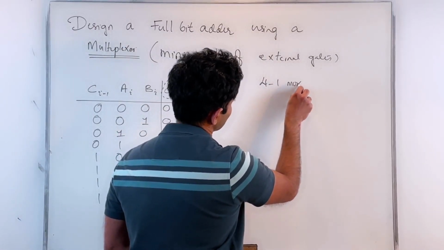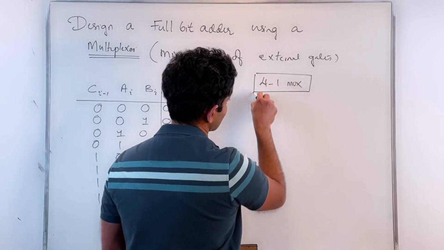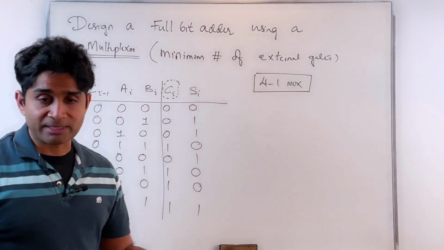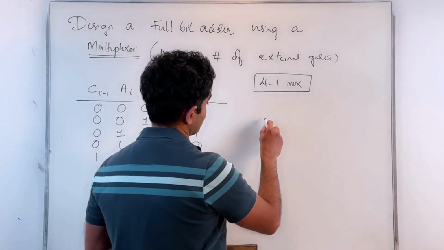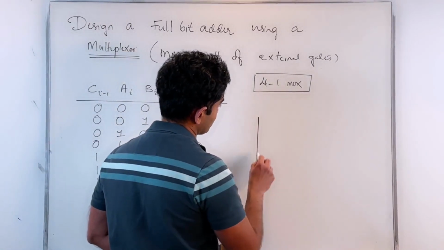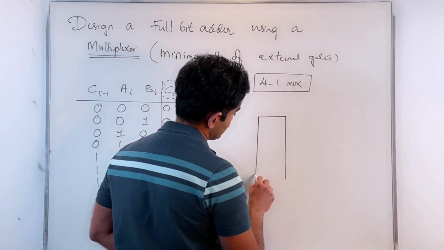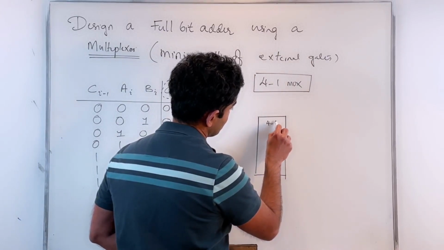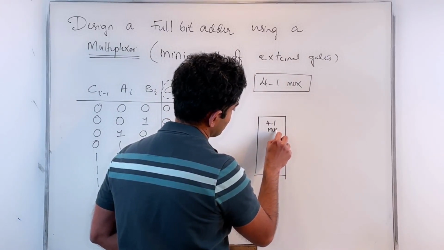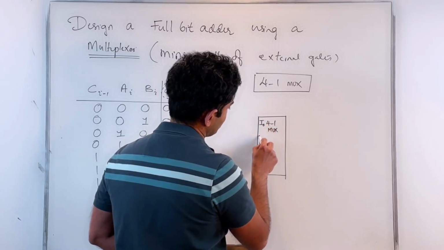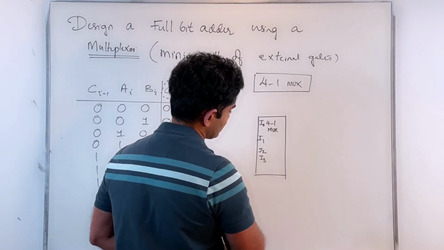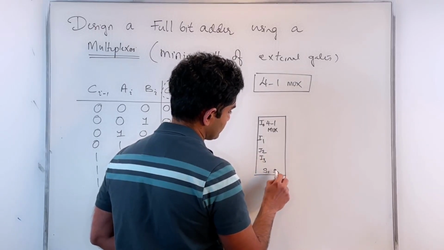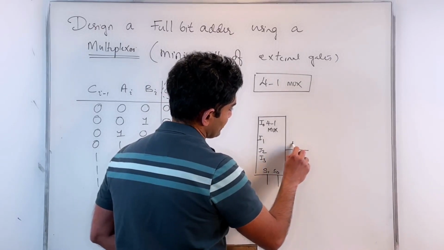So I need to specify what multiplexer I'll be using. This is how that would look: a 4-to-1 mux, with inputs I0, I1, I2, and I3, selectors S1, S0, and that's your function.